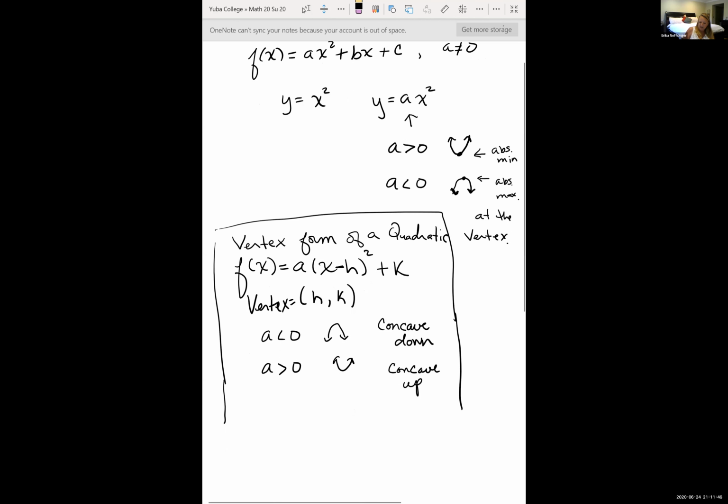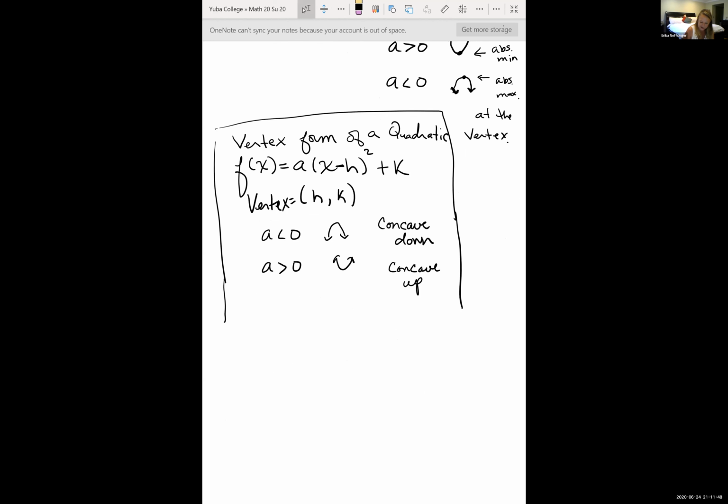Couple other things that you should be aware of. Let's say, and it doesn't matter where our parabola is or which way it faces, I'm just going to put it in the first quadrant facing up. Here, h is the x value of my vertex, and k is the y value of my vertex.